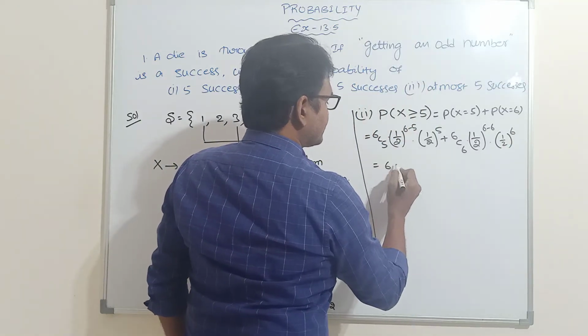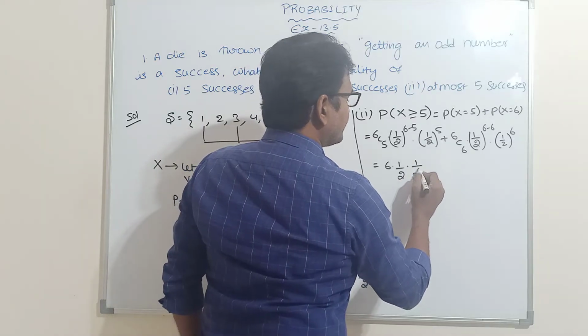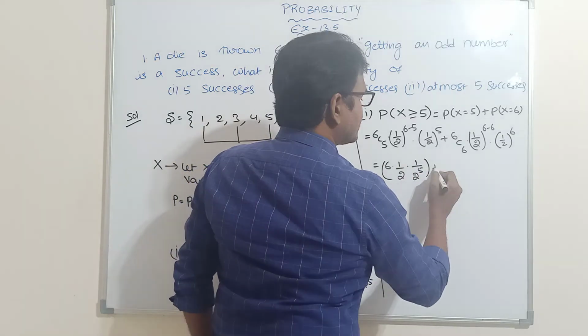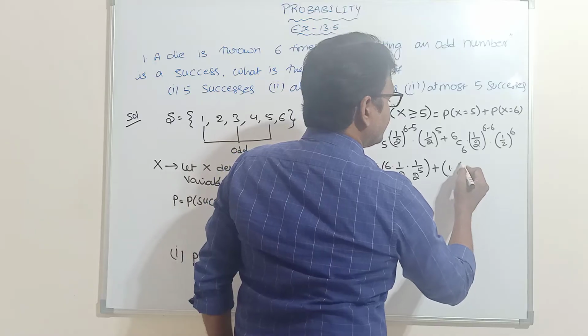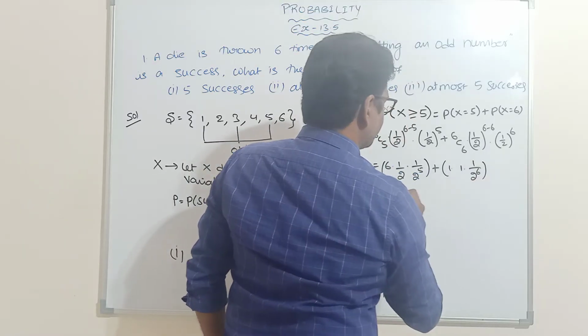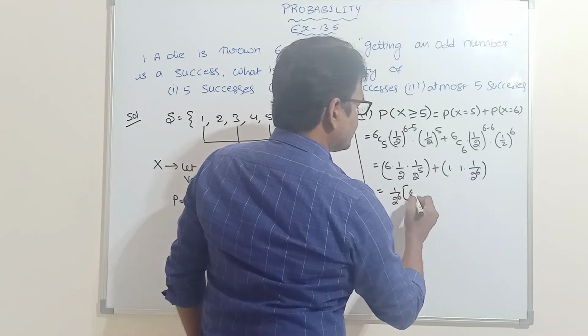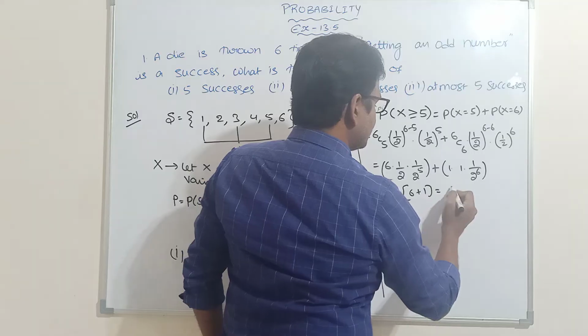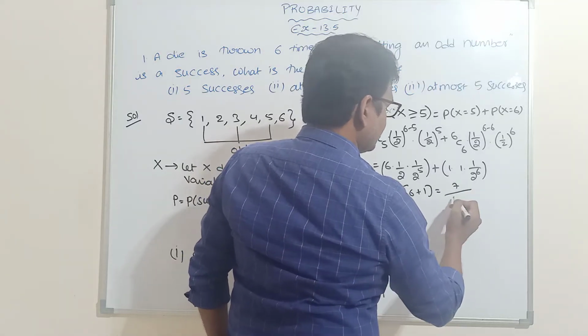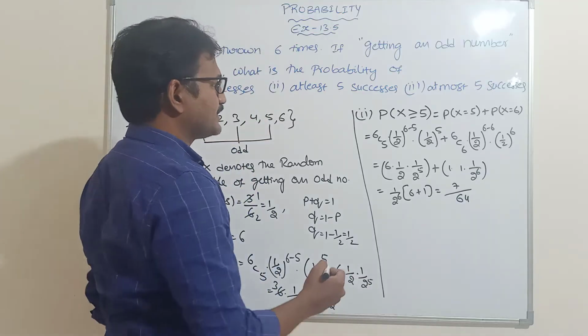The 6c5 value is 6 into 1 by 2 into (1 by 2) power 5, plus 6c6 value is 1, into (1 by 2) power 6. So (1 by 2) power 6 is common, into 6 plus 1. So the answer is 7 by 2 cube 8, 64. So 7 by 64 is the answer.